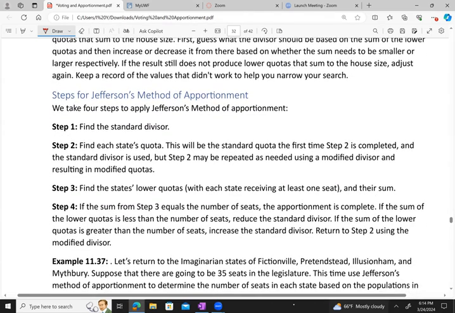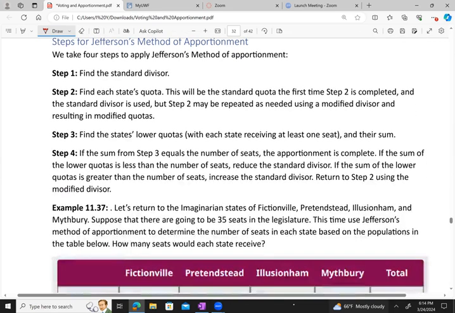So, steps for Jefferson's method of apportionment. First, we find the standard divisor. Then we find each state's quota. This will be the standard quota the first time step 2 is completed and the standard divisor is used. But step 2 may be repeated as needed using modified divisors.